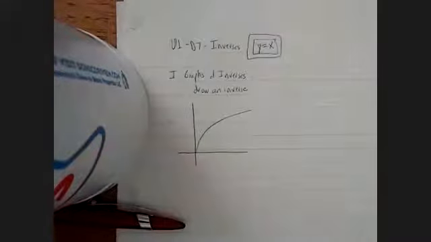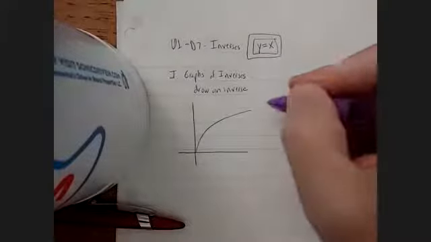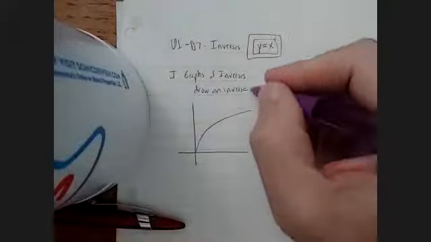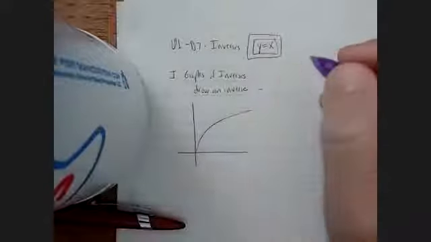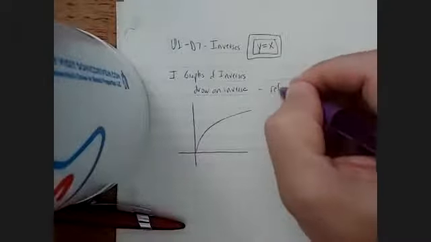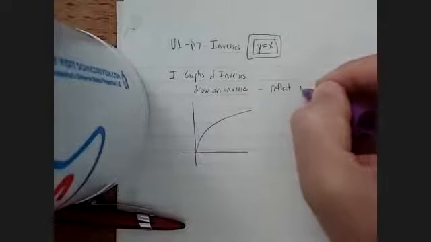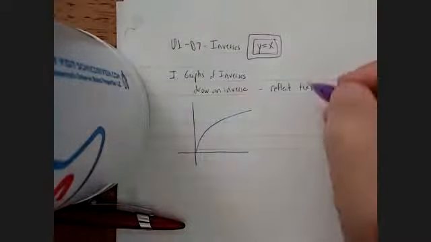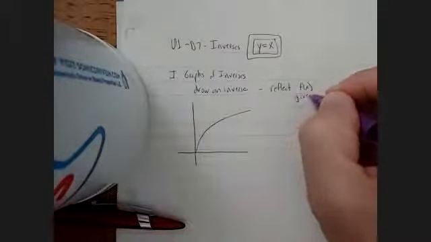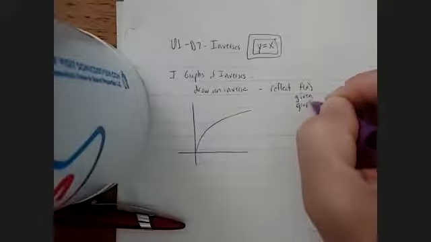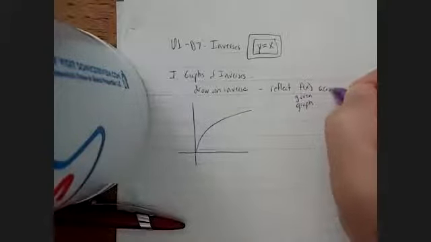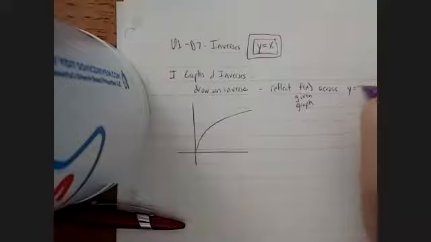Looks something like that. Looks kind of like the square root function, but it doesn't have to be. What we want, in order to draw an inverse, you reflect f of x, so you reflect the given graph across y equals x.